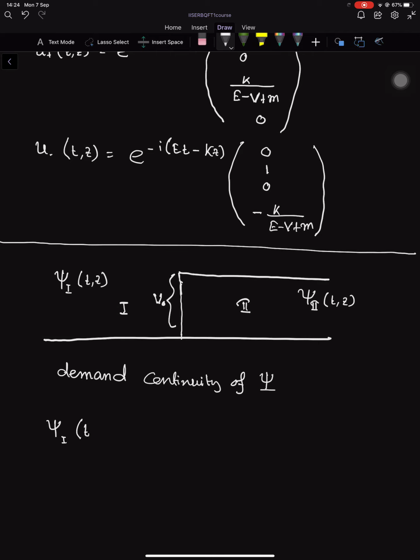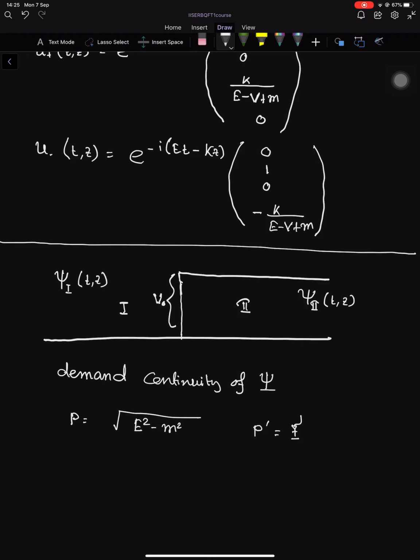Then the wave function in this case is again some incident wave function plus some reflected wave function. Okay, sorry, I was going fast. Let's go slowly. Let's define P equals square root of E squared minus M squared, and P prime equals plus or minus the square root of (E minus V) squared minus M squared.